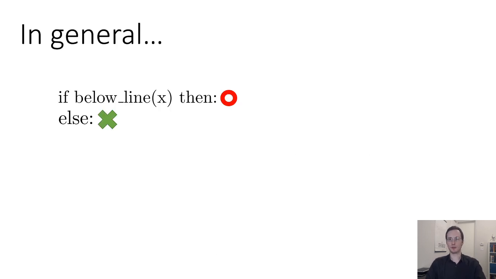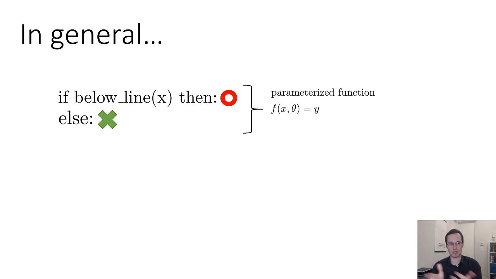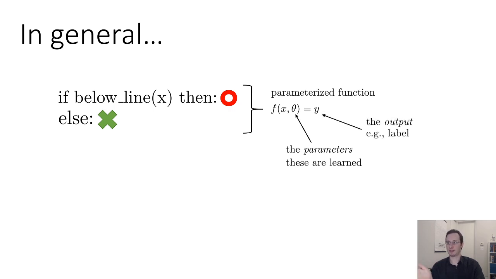All right, so in general, we have some parameterized function, and we can call this function f. And it's really a function of two arguments. It takes in x, which is our input, and it takes in theta, which are our parameters. And it produces the answer y. And then the parameters theta, these are the things that are learned. Y is the output.